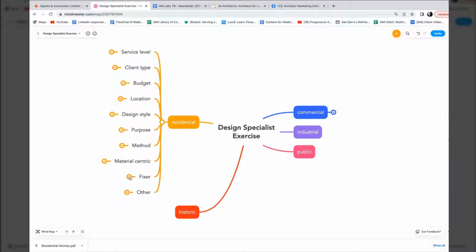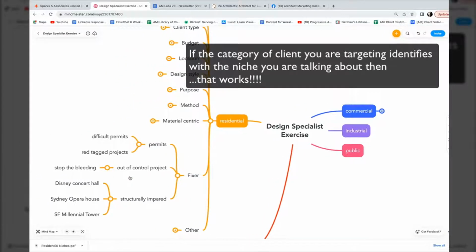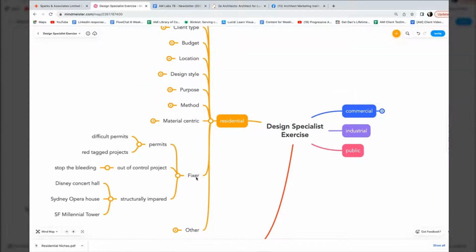If the category of client sees themselves in the way that you've defined it, then you can do it. The other interesting one here is a fixer. Now this is a really good niche. You could say I'm the red deer of architects. If you have difficult permits or you've got red tagged permits, then I can come in and try and fix them for you.